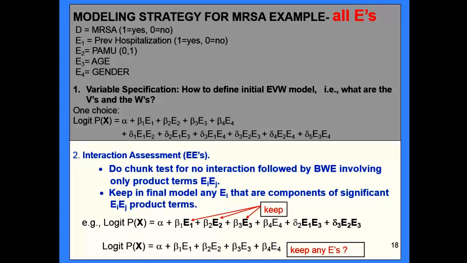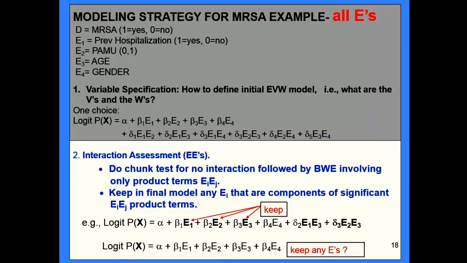So the process would be, first consider interaction, and then if there's any term you can drop, it's E4. On the other hand, if when you assessed interaction you found no interaction of any kind, the model after interaction assessment would involve the 4 E's. So any of these 4 E's can be dropped, right?